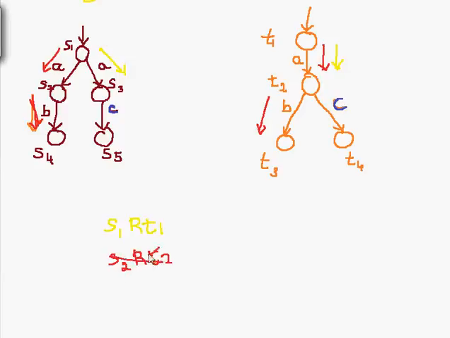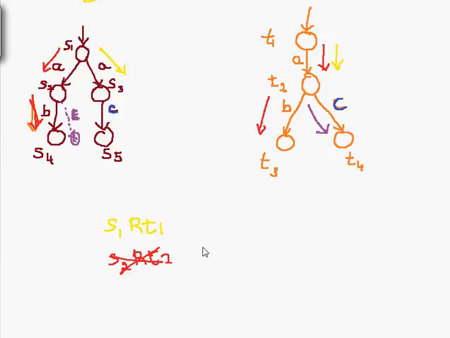No. I should check for the outgoing transitions. So let me check. T2 makes a C transition to T4, but there is no C transition by S2 made to some other state. There is no C transition.